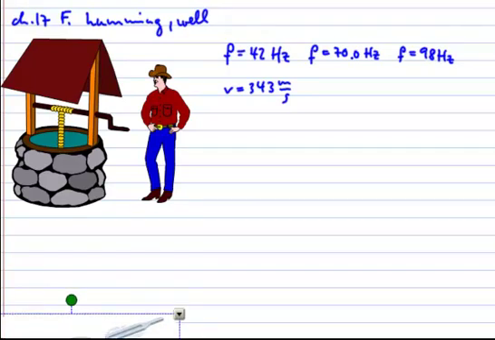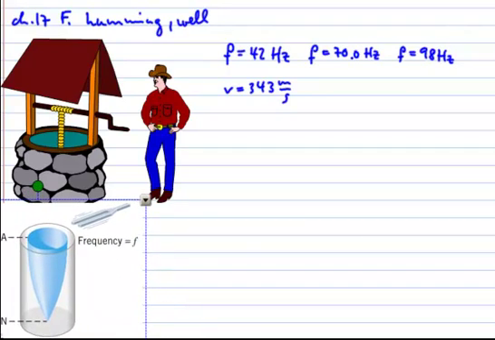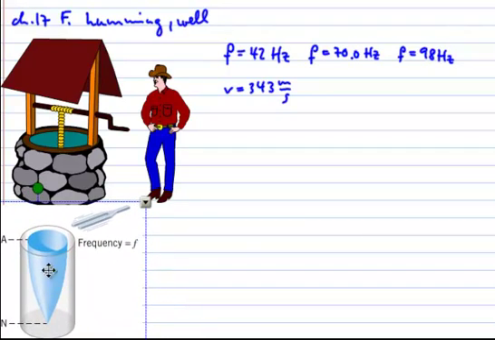The well itself is kind of like a tube that's open at the top and closed at the bottom, because that's where the water is sitting. So that's where we're going to use a tube open at only one end. And I should write down what they're asking for, which is the depth of the well.